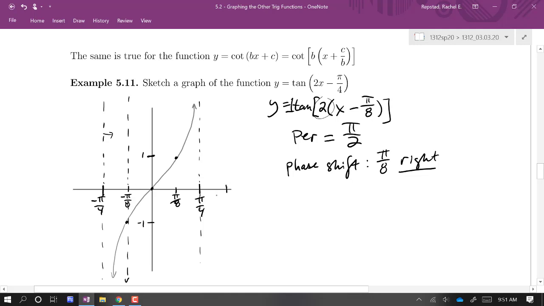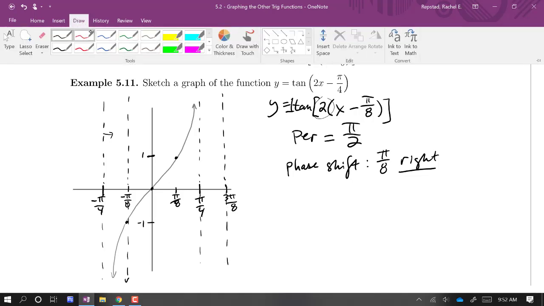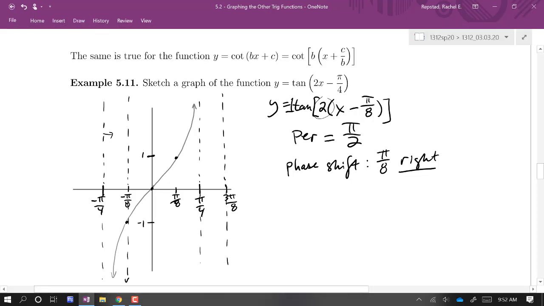So pi over 4 plus pi over 8 is 3 pi over 8. And then I'm just moving over each of these points. And there's our graph.